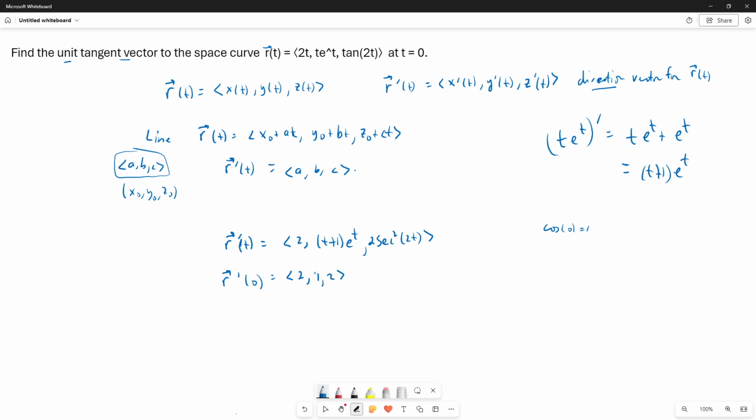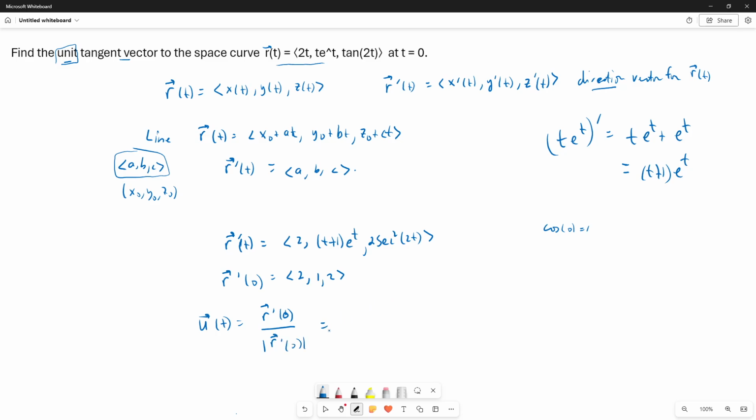So that vector is tangent to this curve, and we would like to turn this into a unit vector, so we could call that vector, I don't know, u of t. And to make a vector into a unit vector, we just take the vector and divide it by its magnitude.